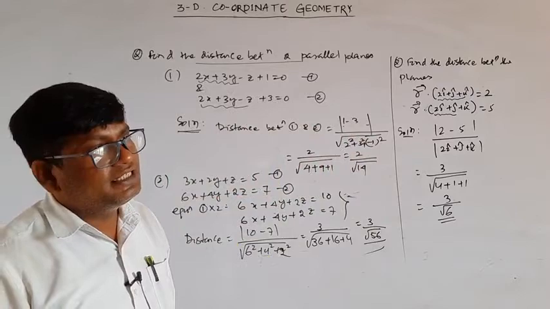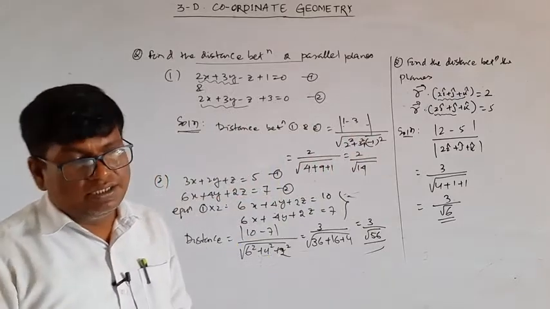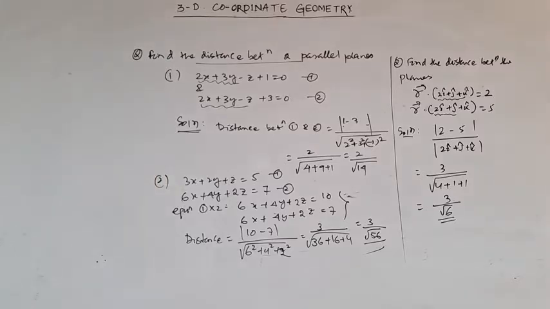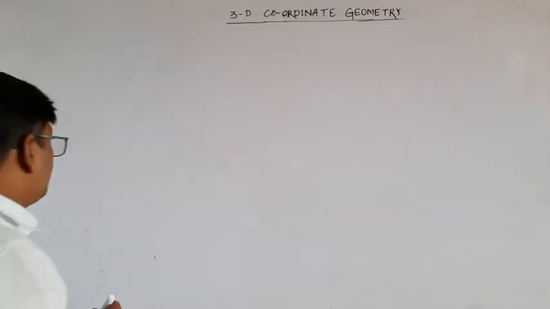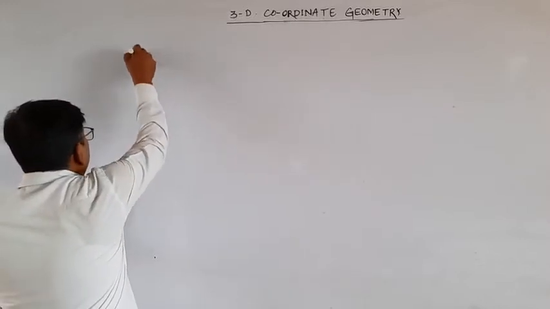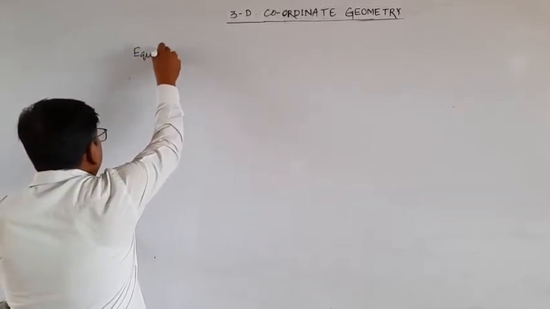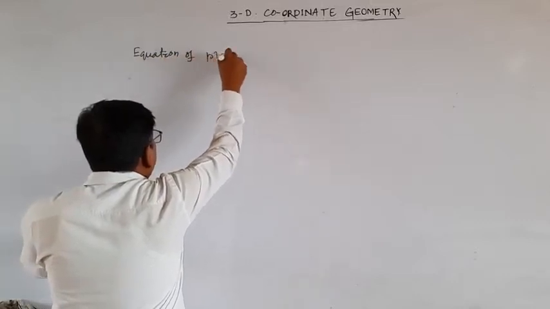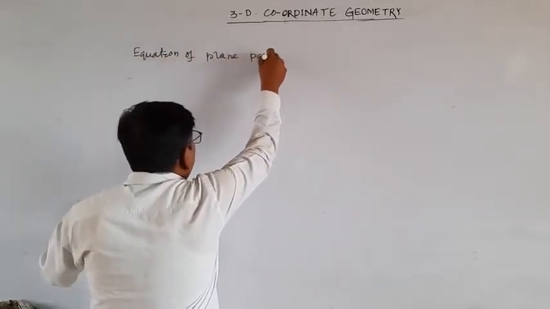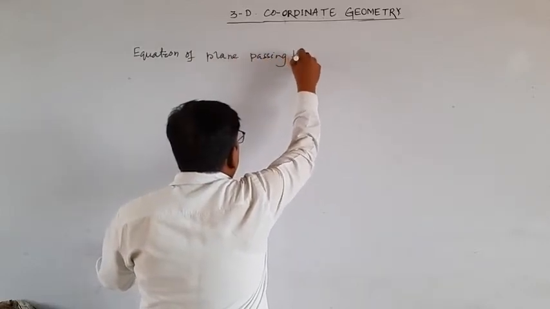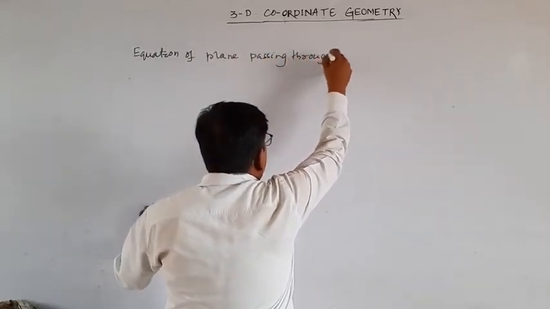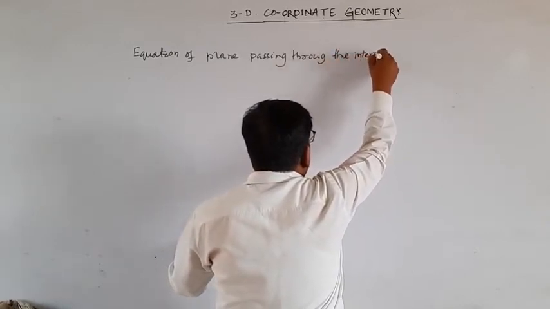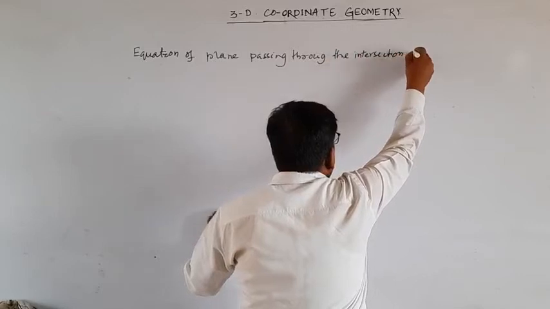Now family of lines passing through the point of intersection of two lines. Equation of line passing through the point of intersection of two lines. Equation of plane passing through the intersection of two planes.